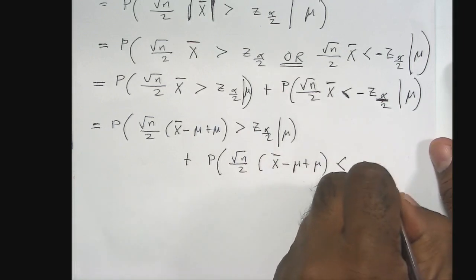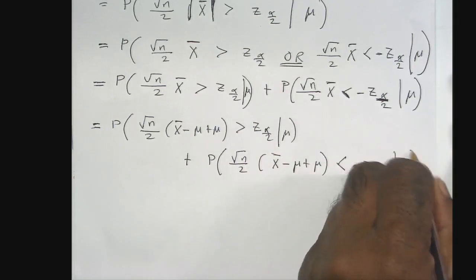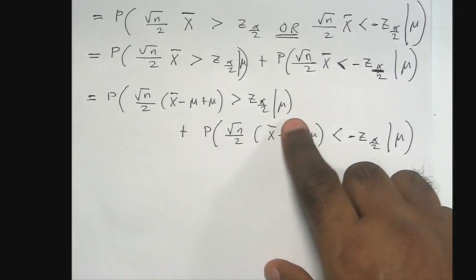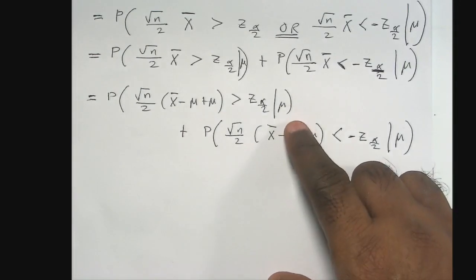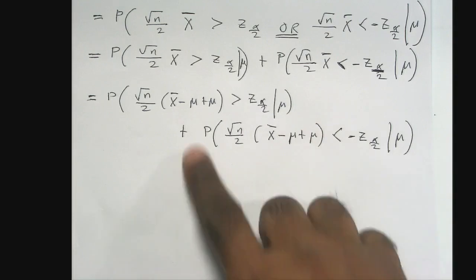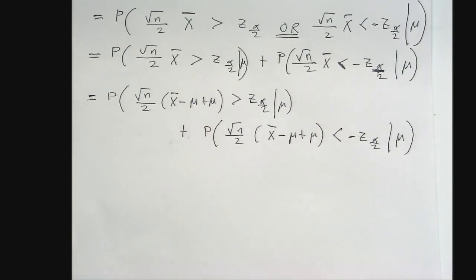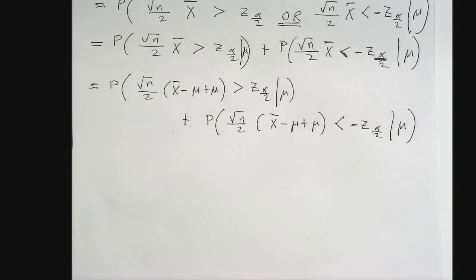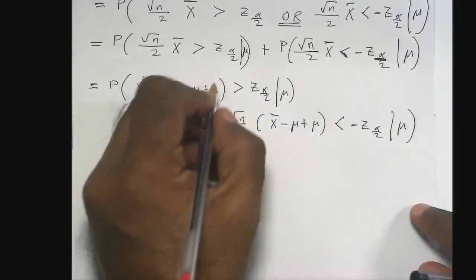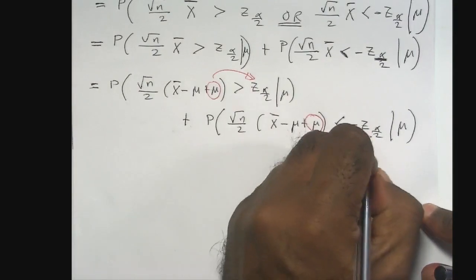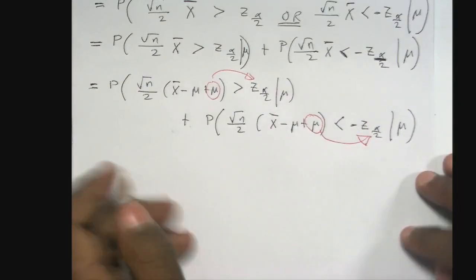Guys, listen. Why am I doing this? Because the true population mean is equal to mu, and the reason I'm doing this is because I want to use the standard normal argument. Right now, I'm going to take this term to the right hand side, and take this term to the right hand side.